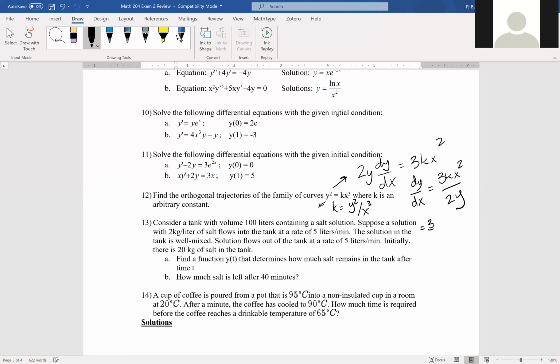So plug that in. 3 halves, then there's x squared over y, and then I plug in k, which is y squared over x cubed. So this turns out to be 3/2 times y over x.